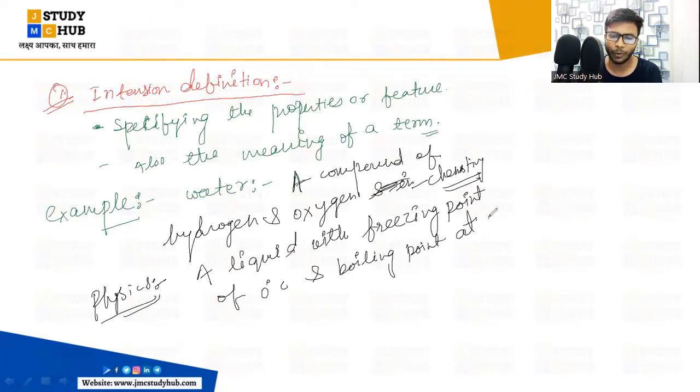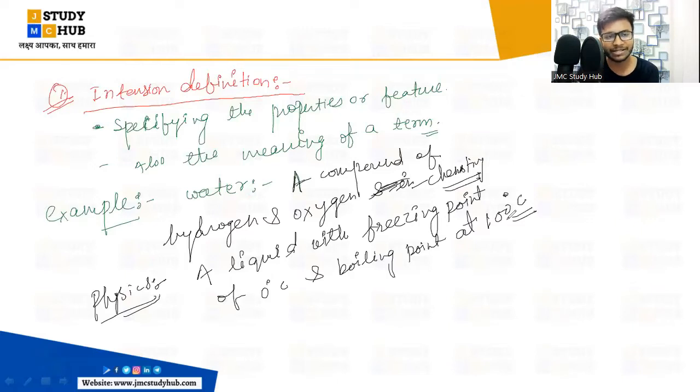Everybody, boiling point at 100 degrees Celsius, right? So this is what we will tell in physics: a liquid with freezing point of 0 degrees Celsius and boiling point of 100 degrees Celsius, whereas in chemistry we will tell that it is a compound of hydrogen and oxygen, right? So this is what we have done: we have defined the properties of a term or the feature of a term.